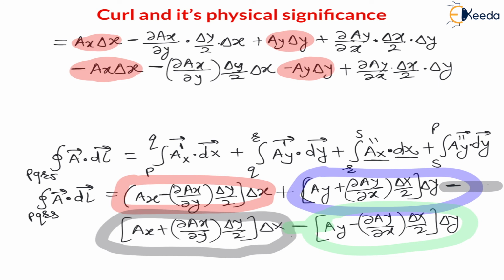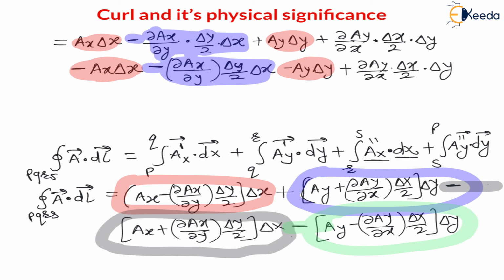And my dear students, here the term highlighted with blue color, see, this is the first term, minus dou ax by dou y del y by 2 into dx, and this term, both are the same terms with the same negative sign. Therefore, this term will get twice. This term will become twice with negative sign.